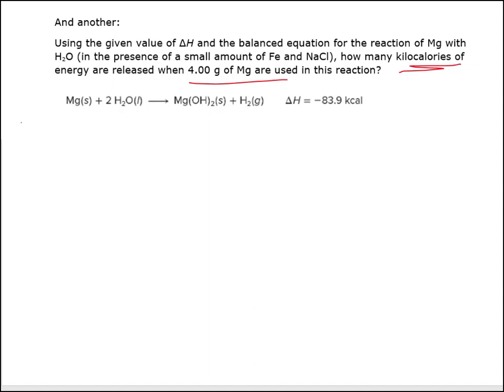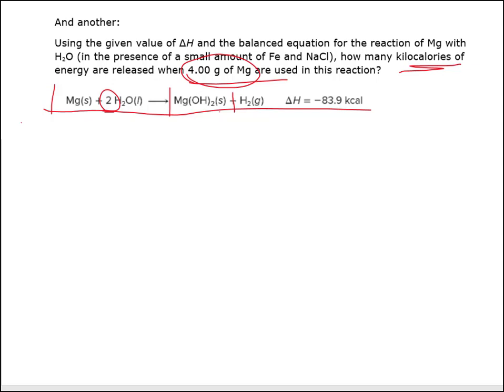So this is very similar to the last one, except we were told moles, because remember, in our balanced thermochemical equation, 1 mole of magnesium reacts with 2 moles of water to create 1 mole of magnesium hydroxide and 1 mole of hydrogen gas. So this is our stoichiometric ratio. We're looking at moles. Here I'm starting with grams.